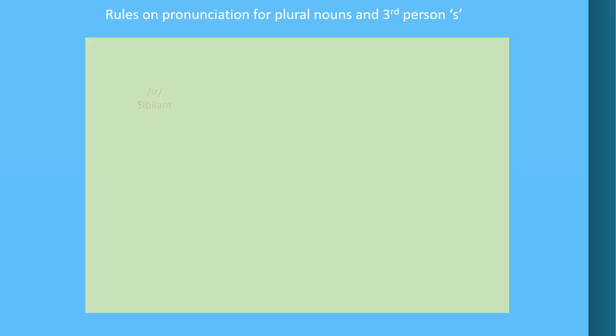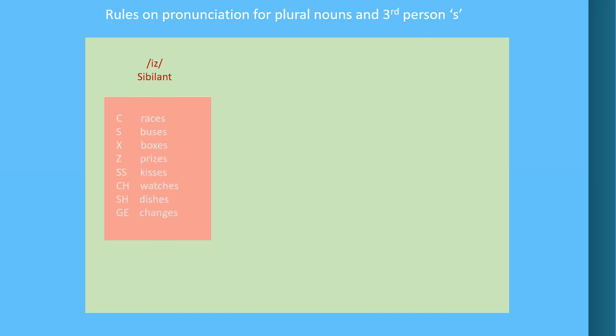So the first sound is an "iz" sound, a sibilant. This is called a sibilant in the phonetic sounds, with consonants.